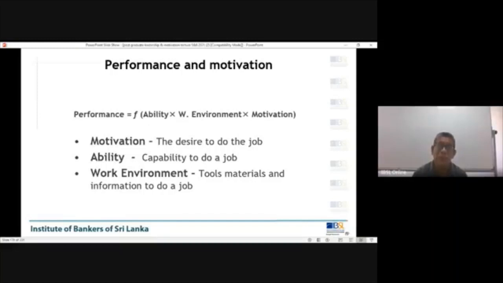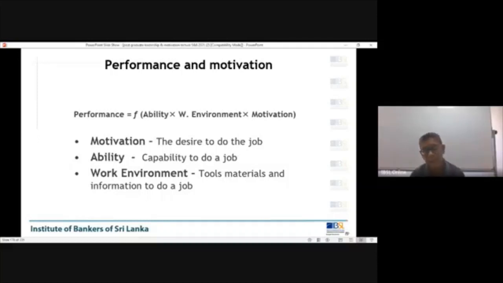That is why we discussed earlier, just because you're satisfied, that doesn't mean you perform. In order to perform, you need to motivate the employees along with these two factors.